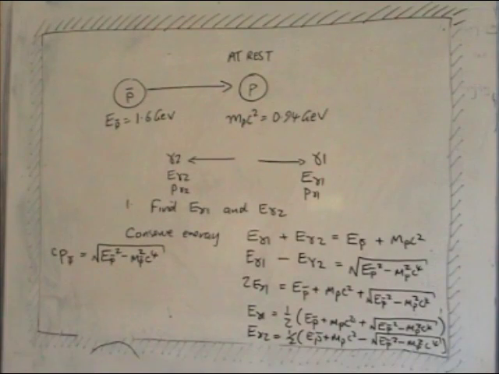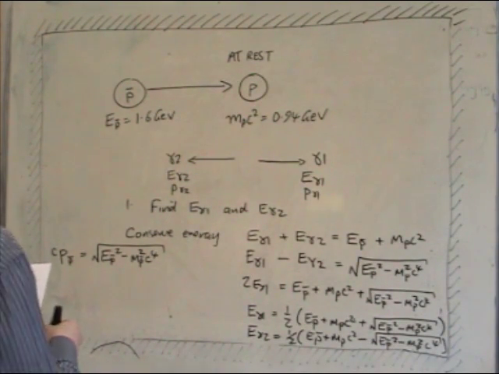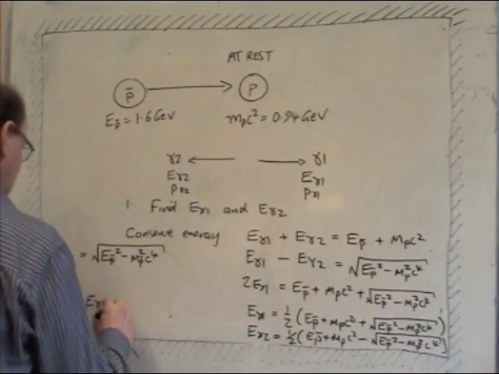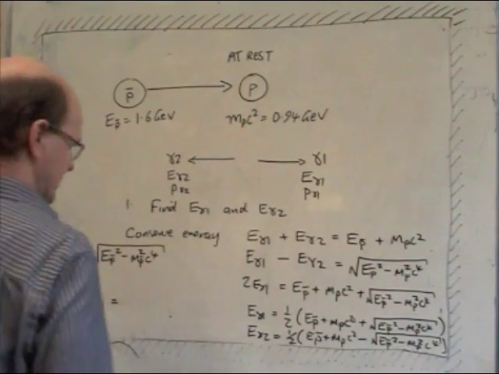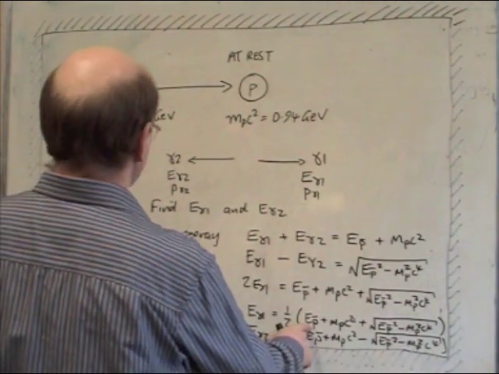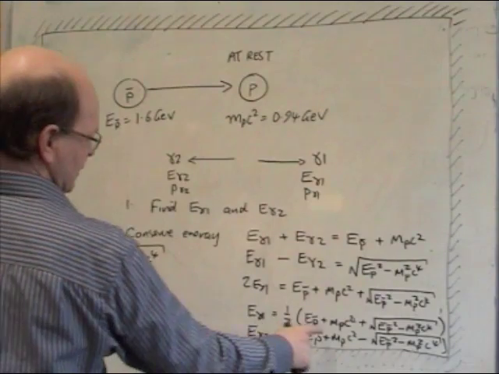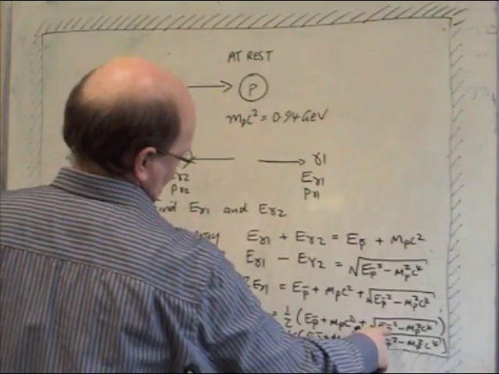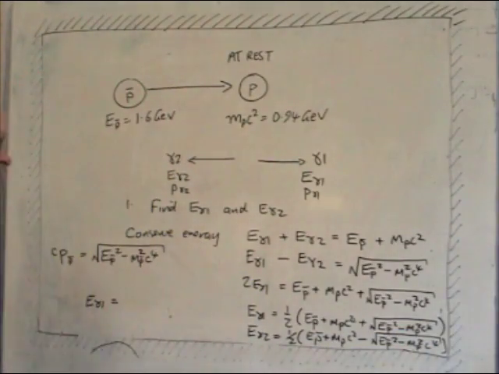You can stick numbers in. When you stick numbers in, you discover that E gamma 1 is equal to, and here you use the energy up here, 1.6 GeV plus 0.94 GeV plus the square root of 1.6 squared minus 0.94 squared, all over two.